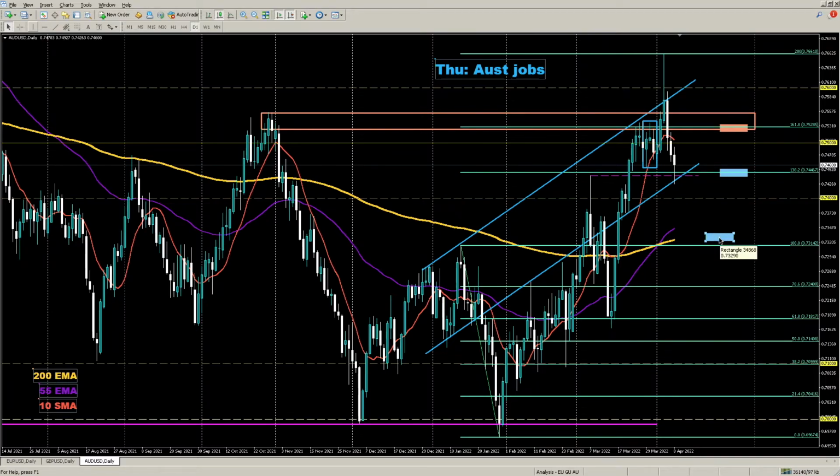I think this is a very, very safe support level here. If it does break down, then we could move this up to this next 00 level at 74.